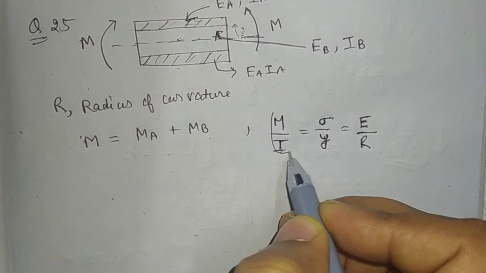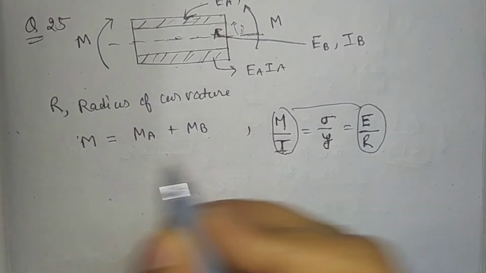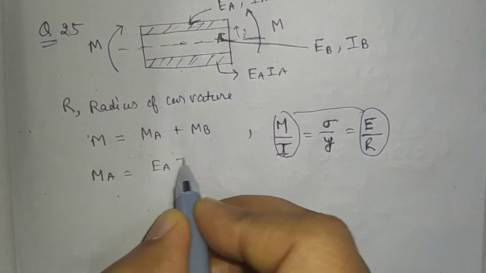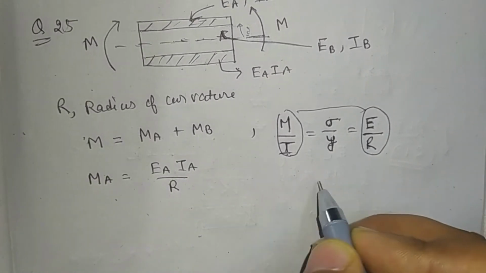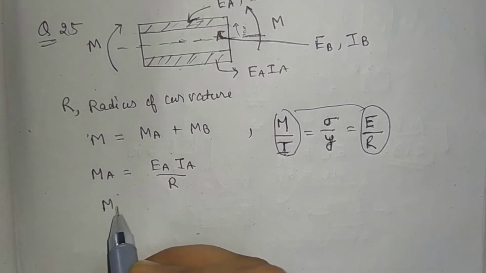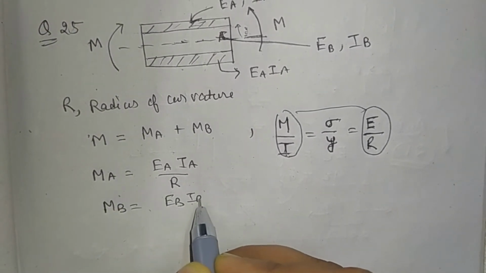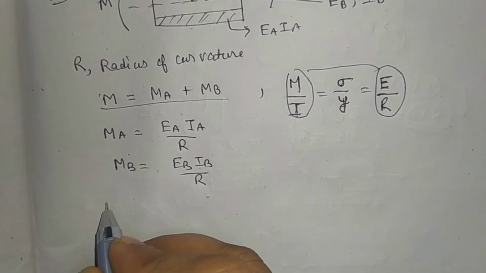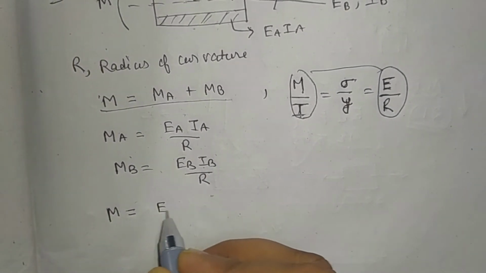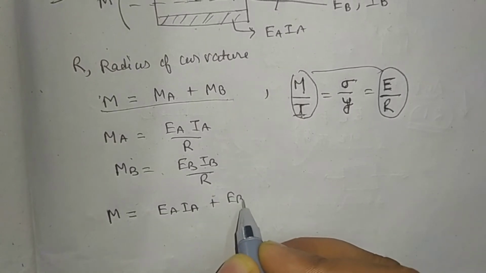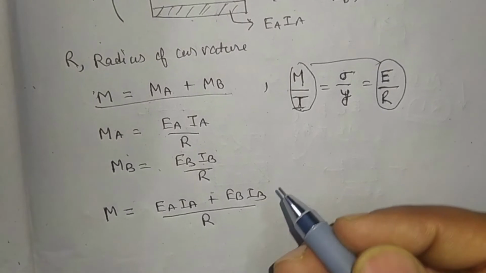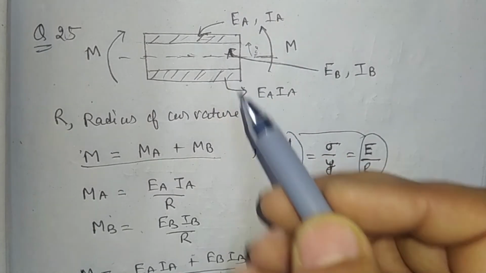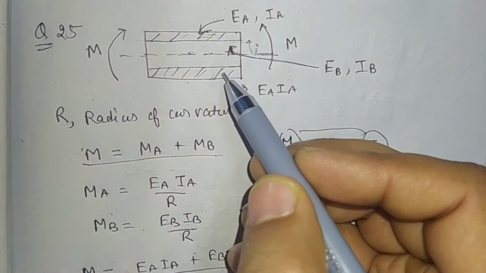From these equations we can equate, and we can say MA equal to EA IA by R. Similarly, MB will be EB IB by R. Now putting these into the equation, M equal to EA IA plus EB IB divided by R. As the beam is a composite beam, the strain will remain the same, and also the radius of curvature will be the same.